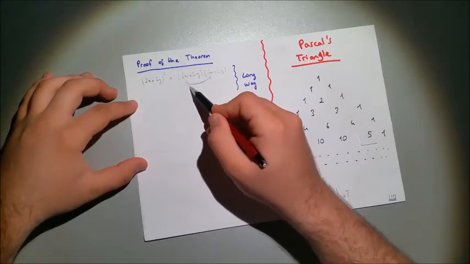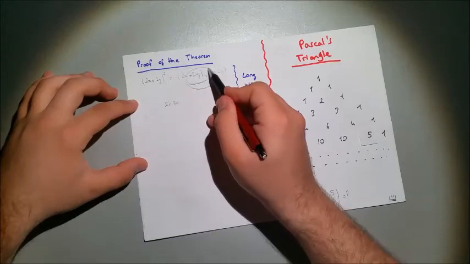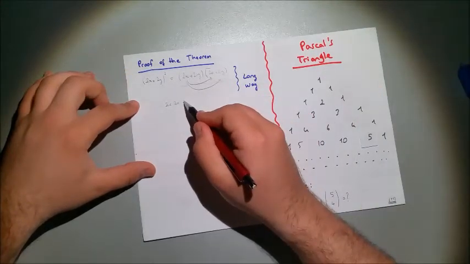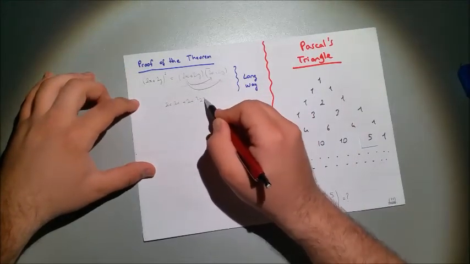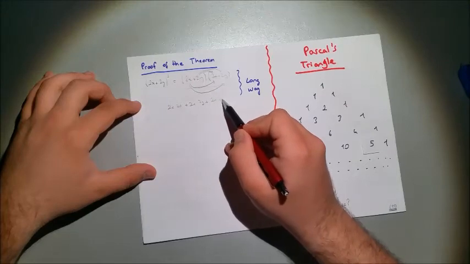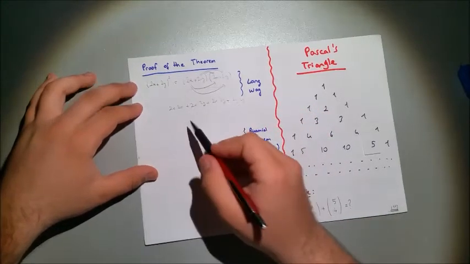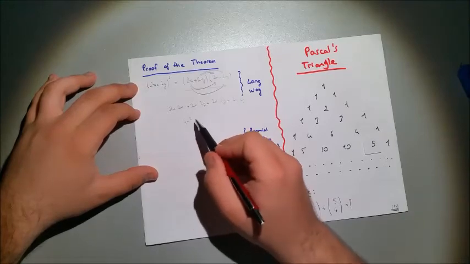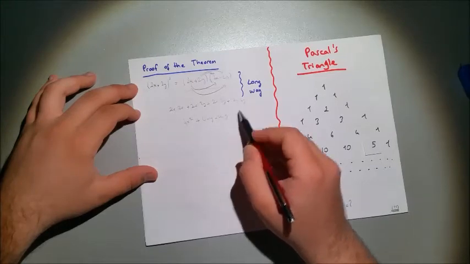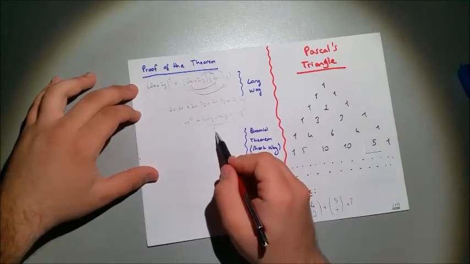I'll go like this: 2x times 2x, plus 2x times 2y, plus 2x times 2y, plus 2y times 2y, and it is 4x squared plus 4xy plus 4xy plus 4y squared, and this is actually 8xy.